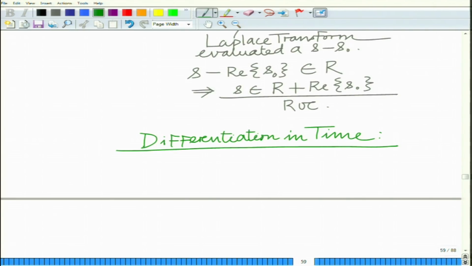That is differentiation in time. If x of t has Laplace transform x of s, what can we say about dx(t)/dt?